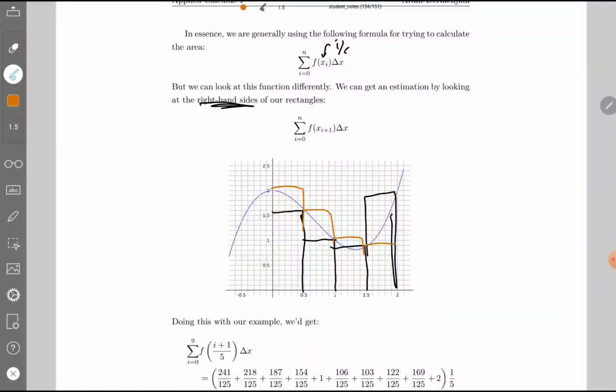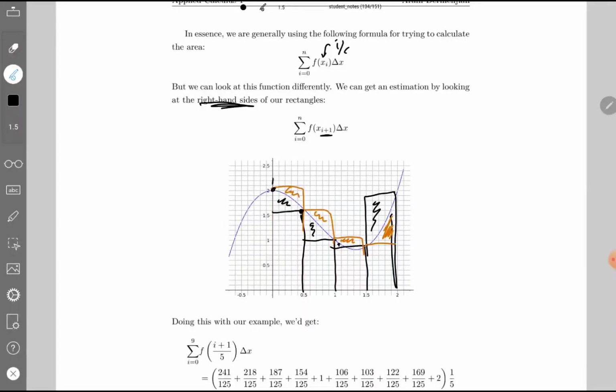So notice how in some cases we underestimate or overestimate depending on which one we're in. But in both cases, we're over or underestimating. So the right-hand side is basically the same, except here we have an I plus 1. We look at this coordinate on the right instead of this coordinate here on the left.